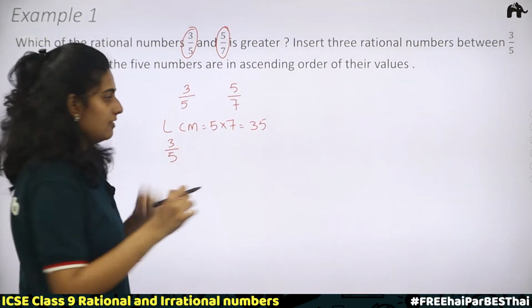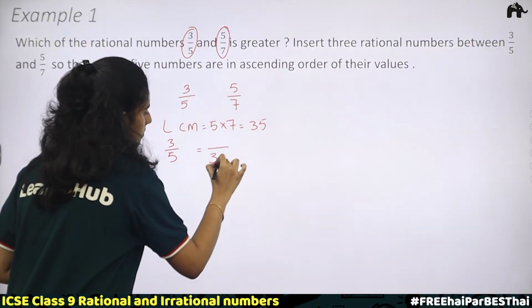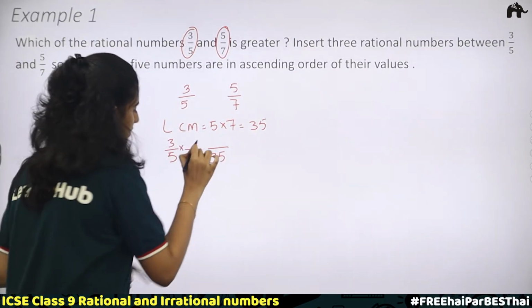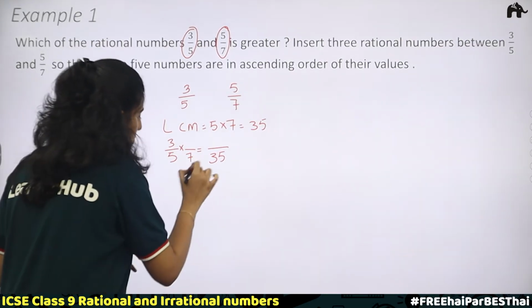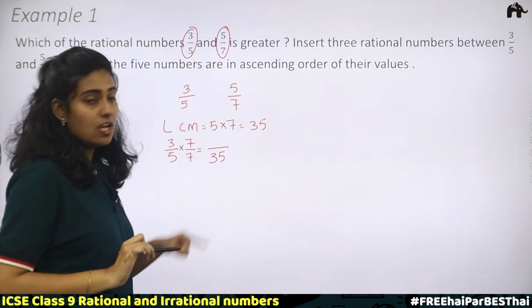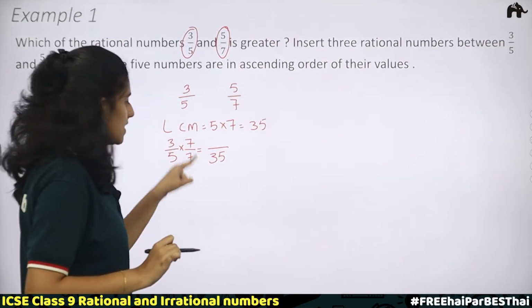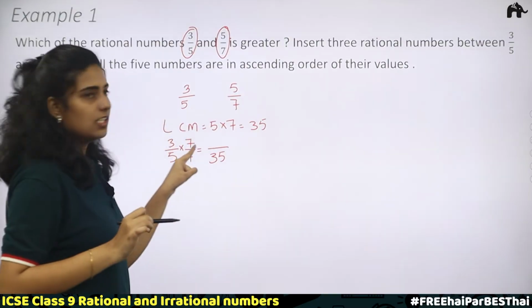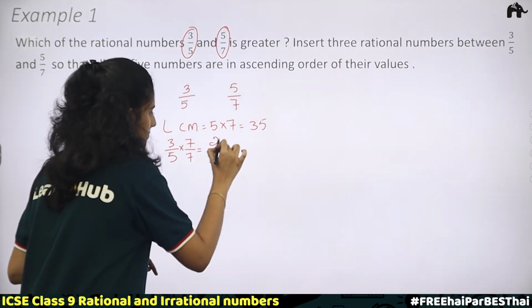How do we get 35 in the denominator? You have to multiply the denominator with 7. If 7 is multiplied to the denominator, 7 should also be multiplied to the numerator. Only then you will be getting 1, because 7 by 7 is 1. So, this is possible. 3 into 7. What is 3 into 7? 21.